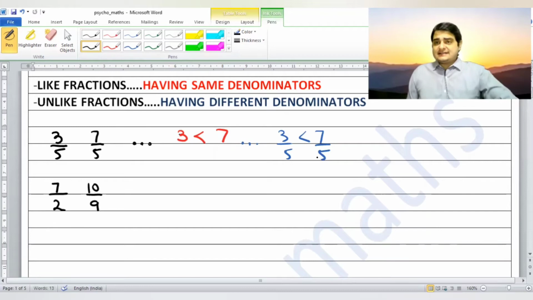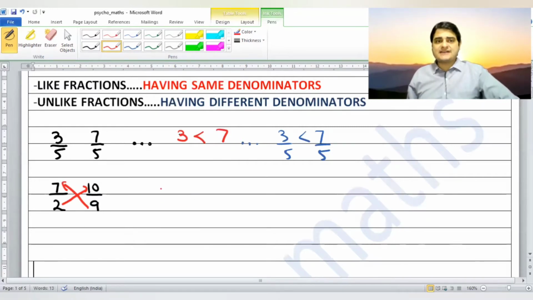Now, when there are only two fractions to be compared, it is essential to focus on crossing on the opponent's head. That is, the 2 will hit 10 and 9 will hit 7.